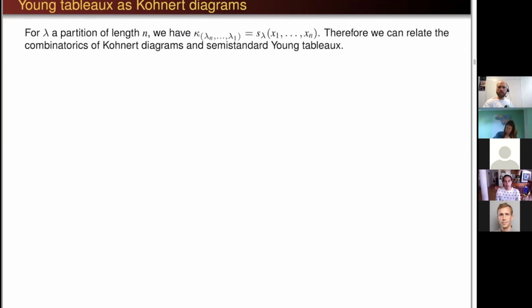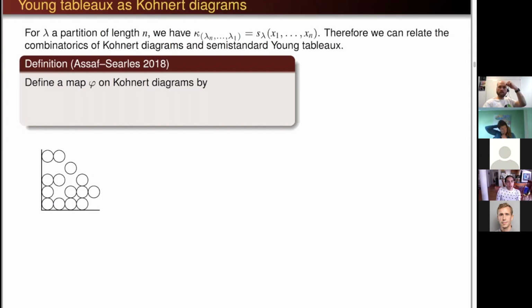So let's relate the combinatorics of Kohnert diagrams with tableaux, so that you can draw some analogies and understand these diagrams from your understanding of tableaux. Dominic Searles and I looked at this, and we defined the following very simple map. This is something that your 6-year-old should be able to do.